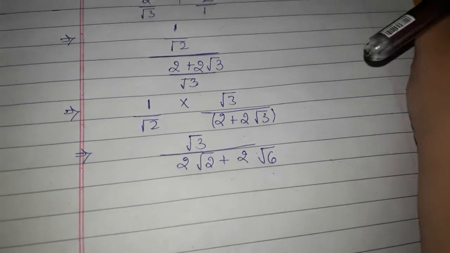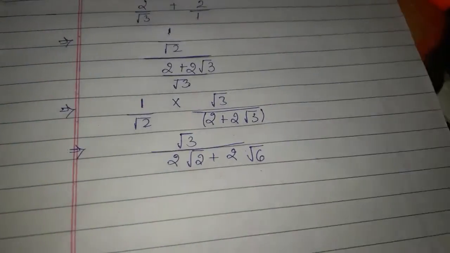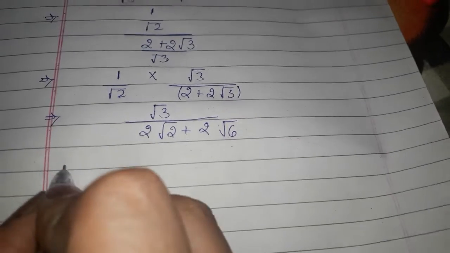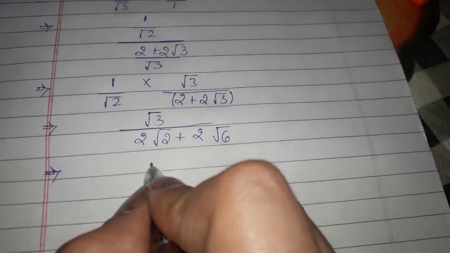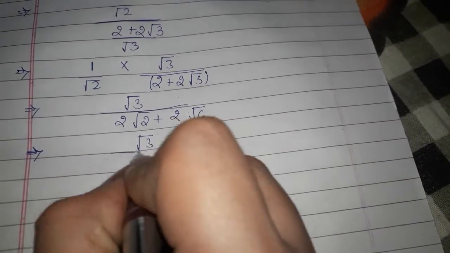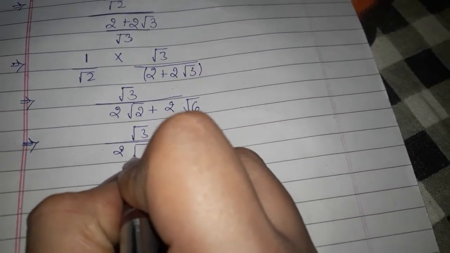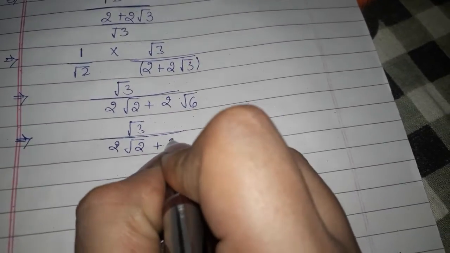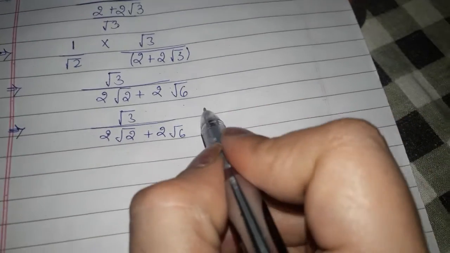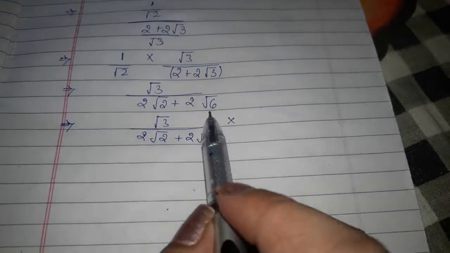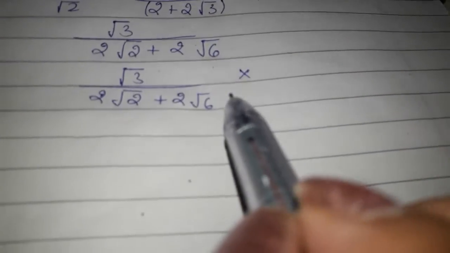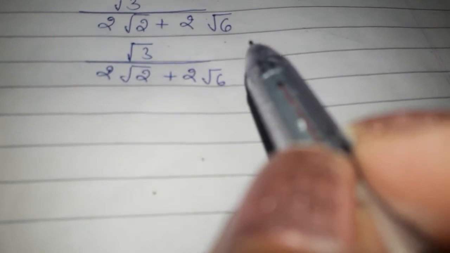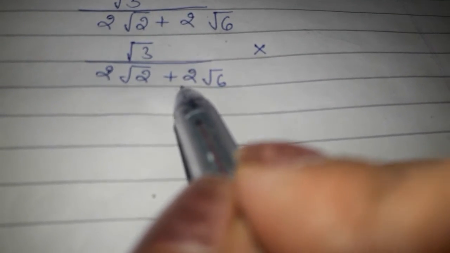Now to solve this, we have to rationalize this term. To rationalize this, we have to multiply and divide this term by a term which will be equal to this denominator, but the sign here will be changed.